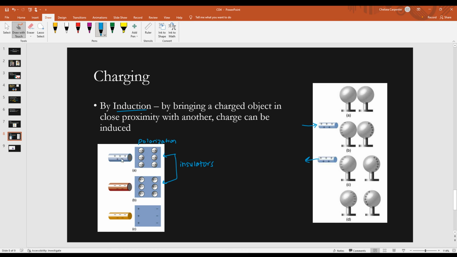So when I bring that positive charge, the negative charges line up because they're attracted to that positive rod, and the opposite if that rod was negative. This last picture, though, is a conductor that has more freely moving electrons. So if you bring a negatively charged rod, those negative charges will be repelled to the other side of the whole object rather than just within the atoms.